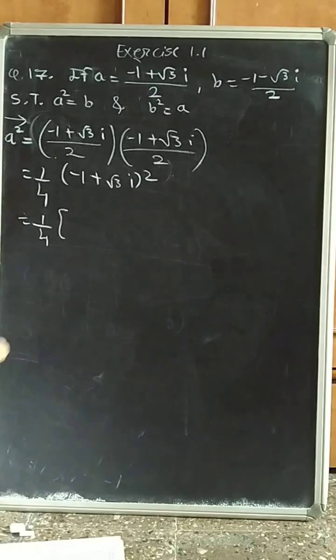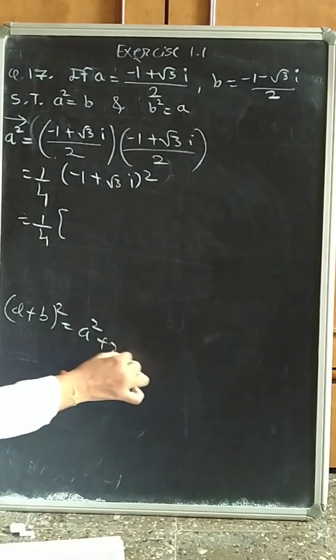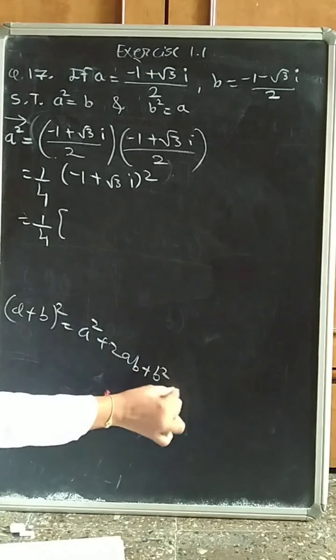Now apply formula of a plus b square. a plus b square is a square plus 2ab plus b square.